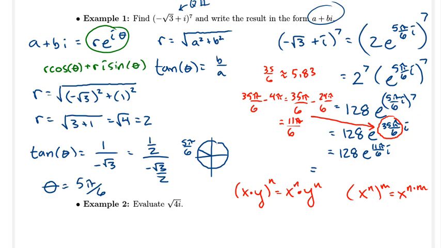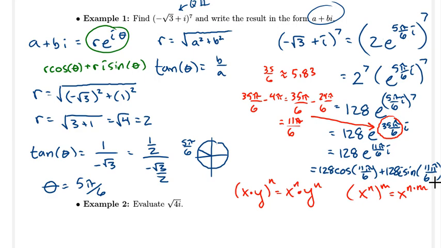So now I can go back and say this is 128 cosine 11 pi over 6 plus 128 I sine 11 pi over 6.